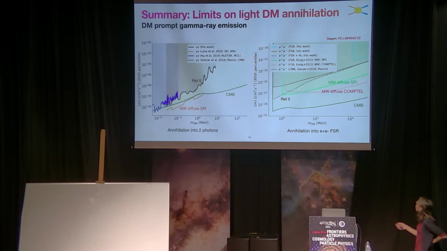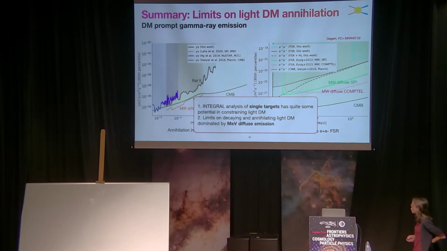You can do the same for annihilation, and in this case, for masses around a few MeV, you can exploit, again, the diffuse emission from INTEGRAL, while the CMB always dominates for final state radiation. So the take-away message here is that INTEGRAL analysis of the diffuse emission can still give you some strong constraining power on light dark matter decay.